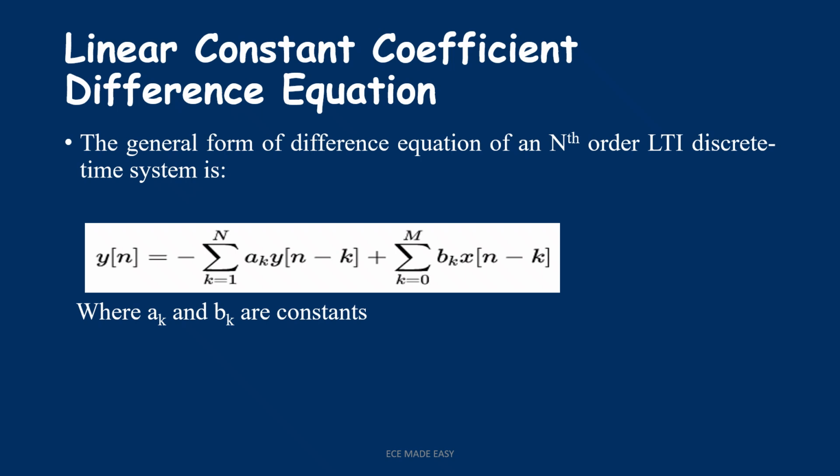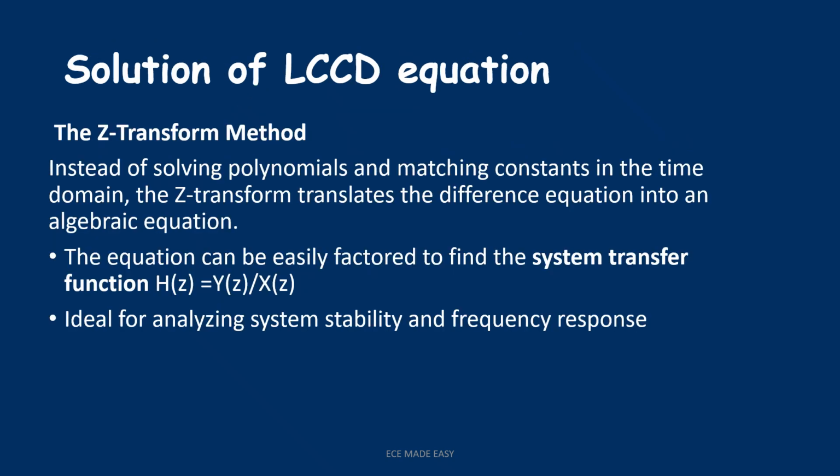It can also be given in the form of its impulse response, that we'll see in the next video. So here we are to solve the difference equation. The general method we use to solve the difference equation is the Z transform method.